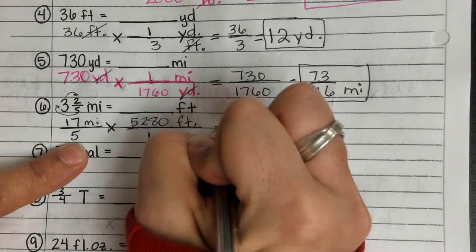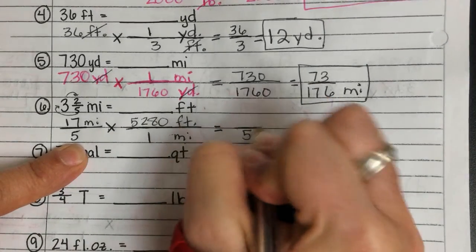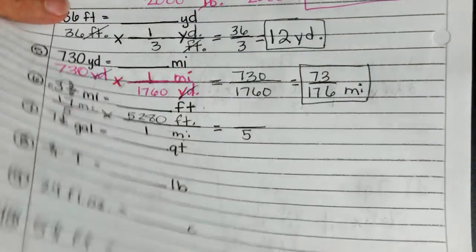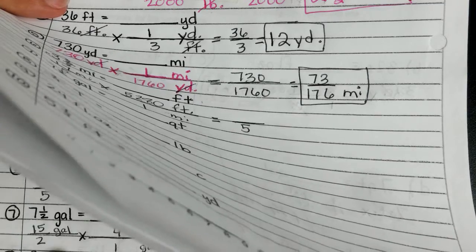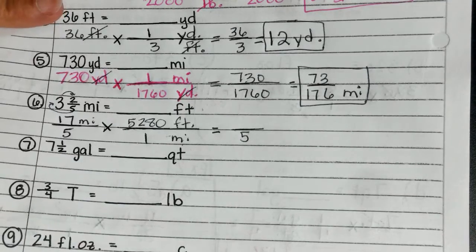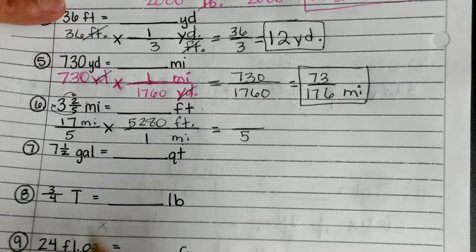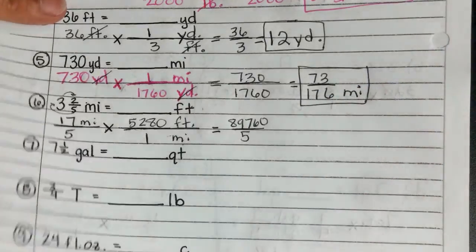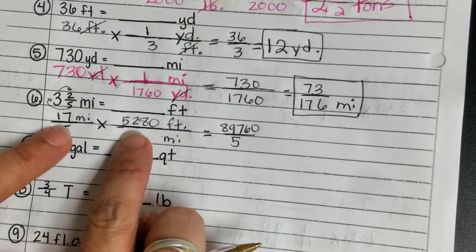Okay, now I'm going to multiply straight across. And I'll be honest, I don't remember without looking. I got 17 times 5,280 is 89,760. It's huge. But think about it. Wouldn't that be big?